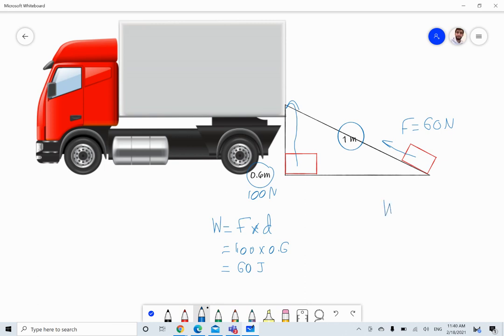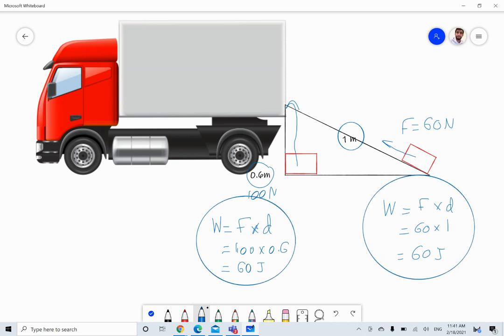Now the new work will also be force times distance, and the force is equal to 60 newtons multiplied by a distance equal to 1 meter. I will get 60 joules. As you can see here, the work did not change. So the amount of work you need to do will not change.